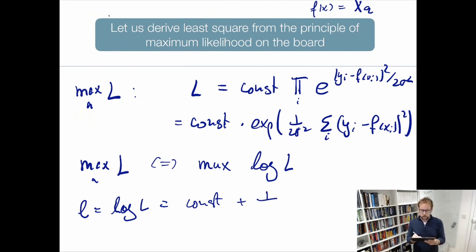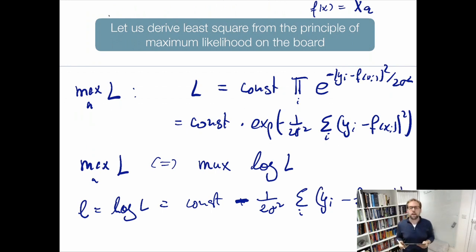Oh sorry, I'm forgetting a minus sign here. Here's a minus sign, and then obviously 1 over 2 sigma squared, sum over i of yi minus f of xi squared. And now I can really see the relationship. So maximizing the likelihood is the same as maximizing the log likelihood, and this is a constant, so it doesn't really matter.